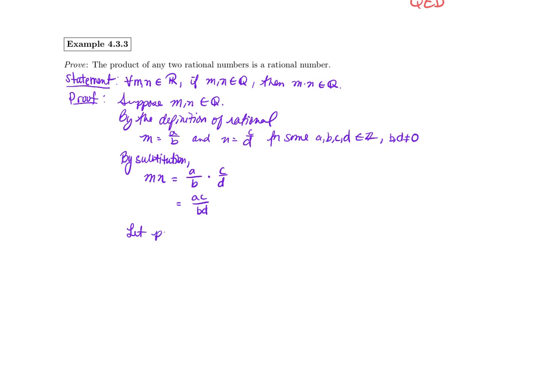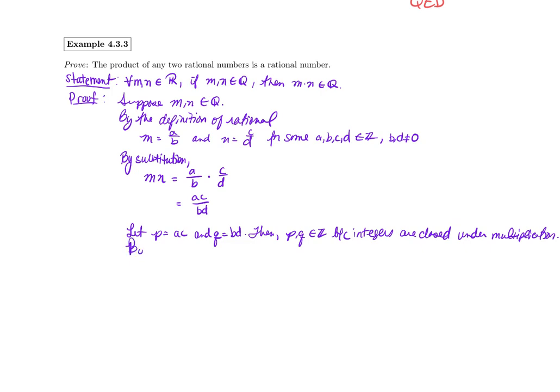So we will let p equal the numerator, which is ac, and q equal the denominator, which is bd. Then we know that p and q are integers because integers are closed under, I hope you said, multiplication. So that's the only operation we used here.